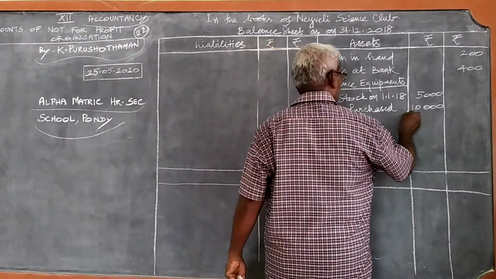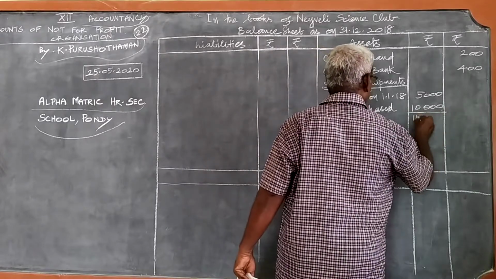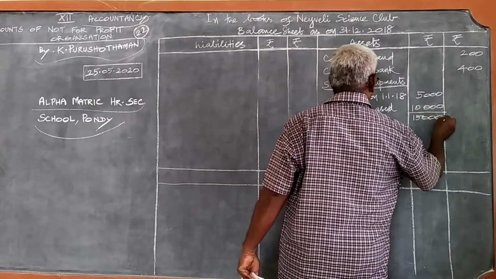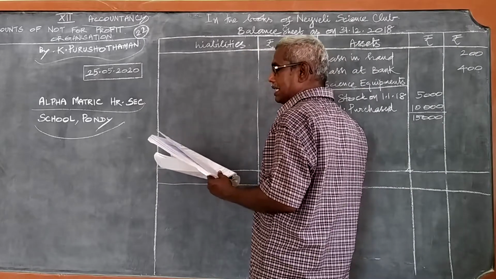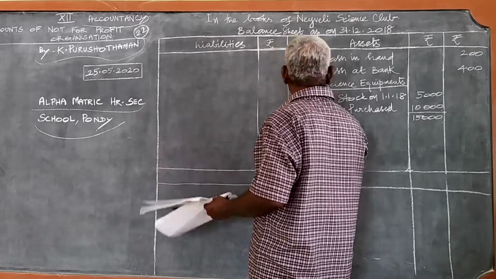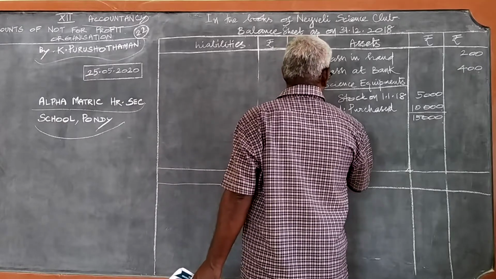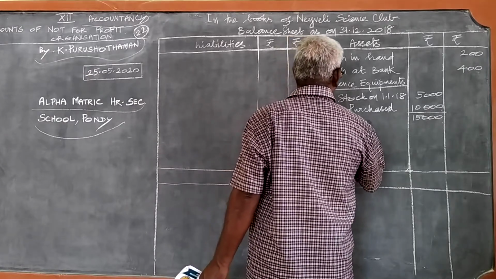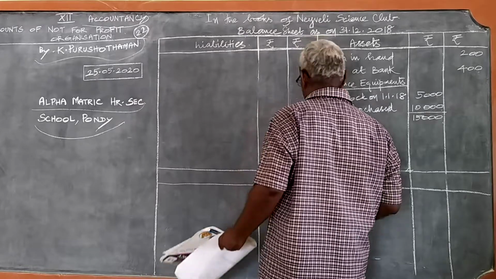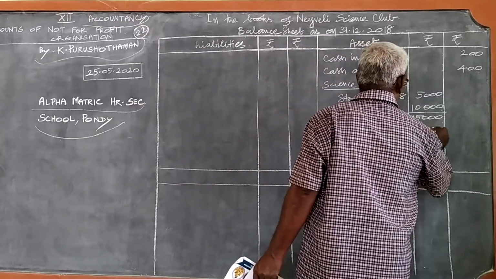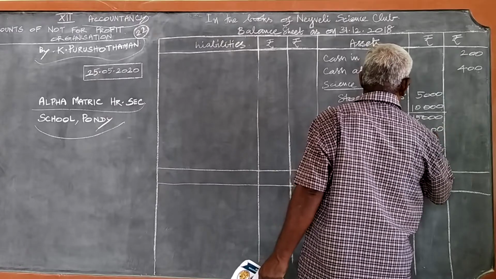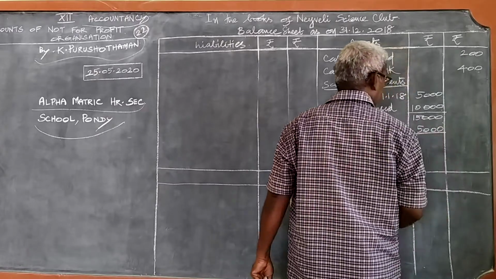So the total equipment must be 15,000, but out of this 5,000 book valued science equipment was sold away. So less sold. 5,000 valued equipment was sold away for 6,000 with a profit of 1,000.